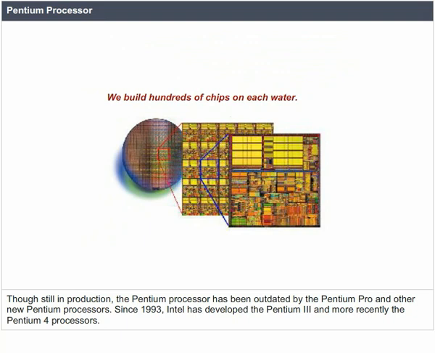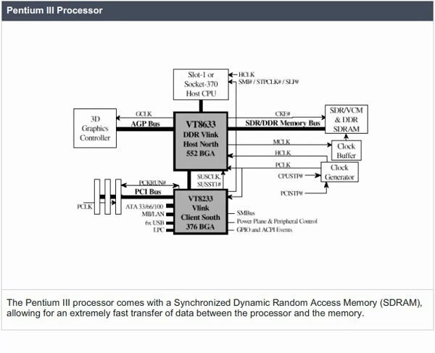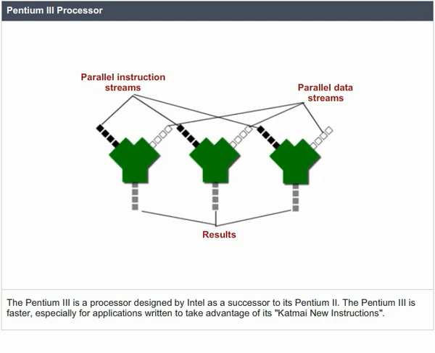Pentium 3 processor. The Pentium 3 processor comes with synchronized dynamic random access memory (SDRAM), allowing for an extremely fast transfer of data between the processor and the memory. The Pentium 3 is a processor designed by Intel as a successor to its Pentium 2. The Pentium 3 is faster, especially for applications written to take advantage of its Katmai new instructions.